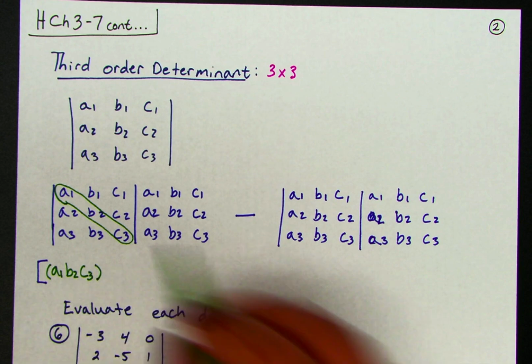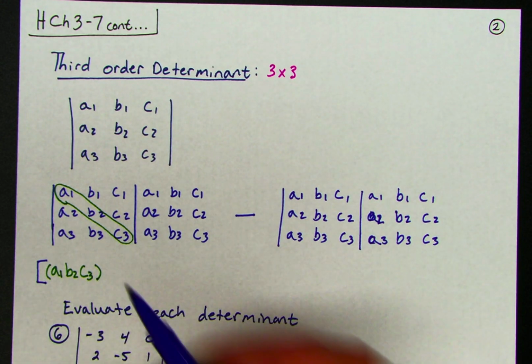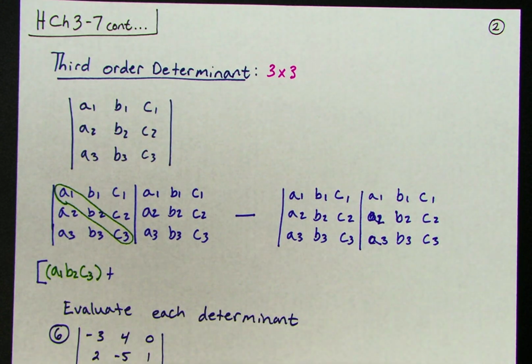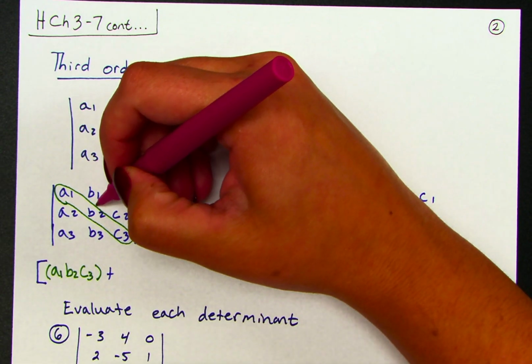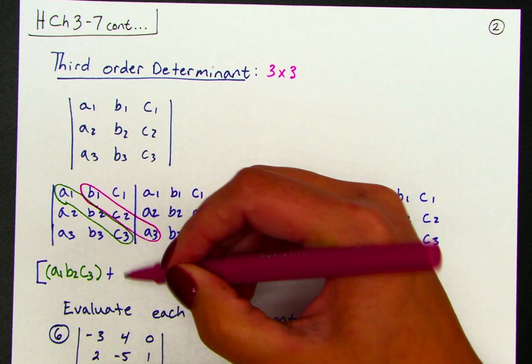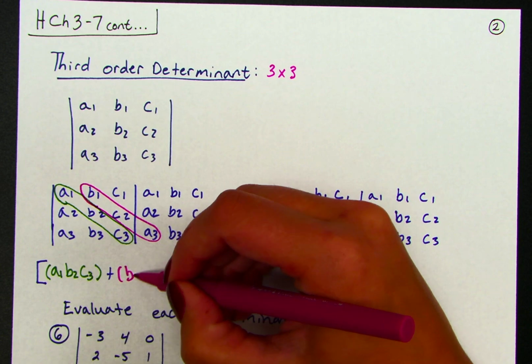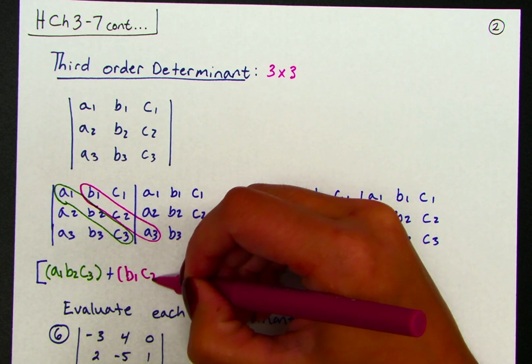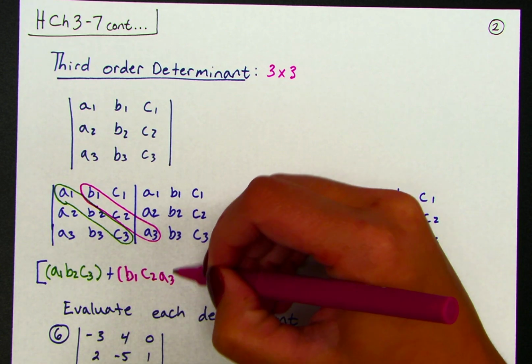And then we are going to add that to the next diagonal. It doesn't matter when we start doing this which direction you go, but in this case I have to go into my second matrix. So I'm going to go up. On our next diagonal, we're going to have to take B1 times C2 times A3. So B1, C2, A3.